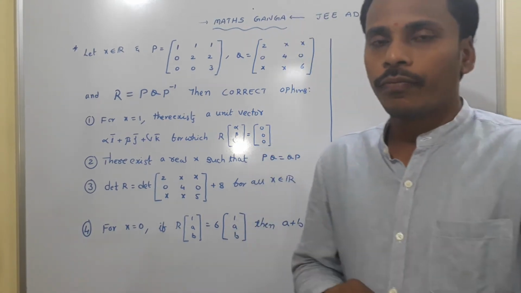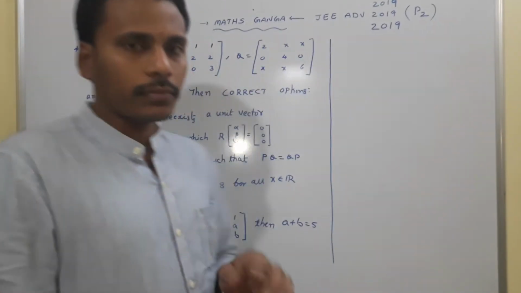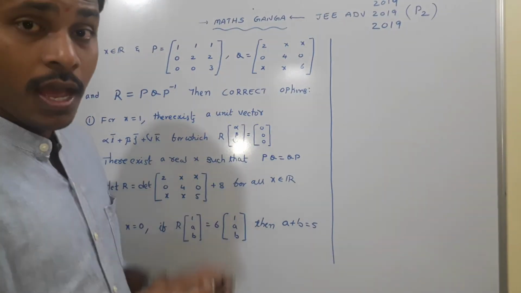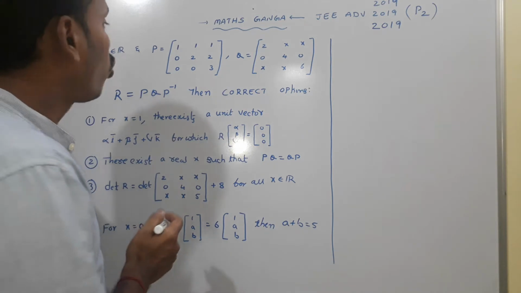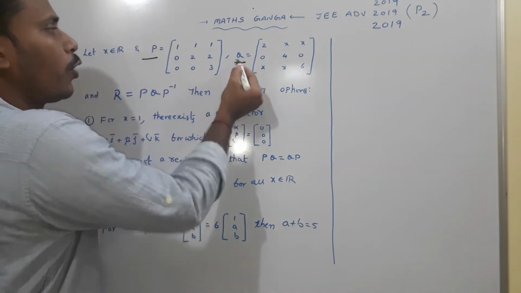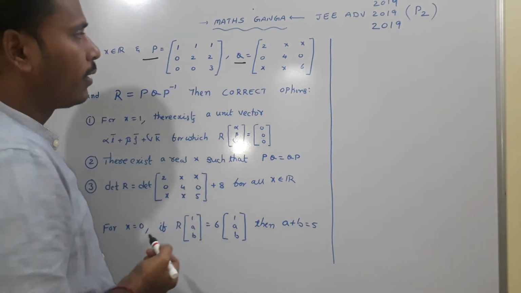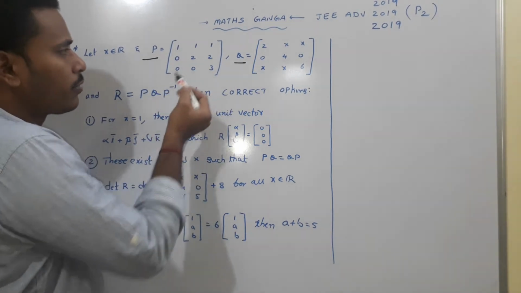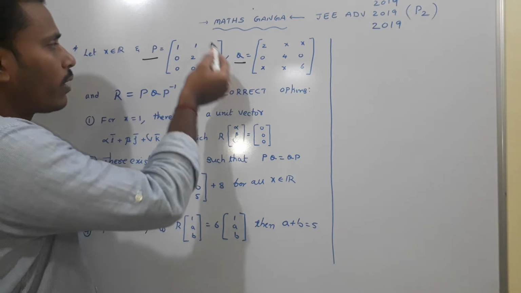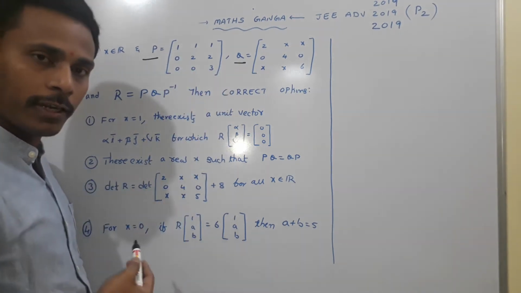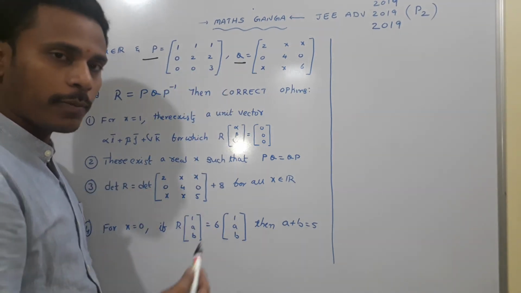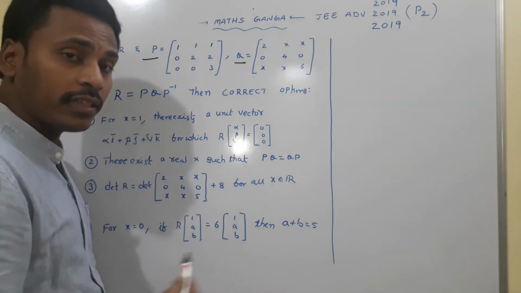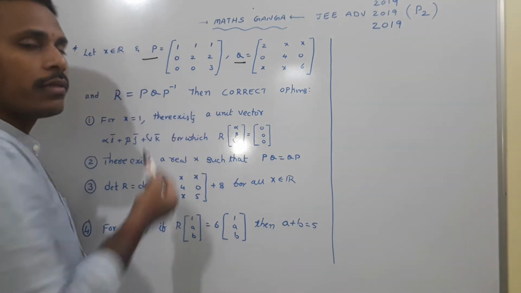First of all, let us go through the question. Two matrices P and Q are given, and since the matrix P is a triangular matrix, these three terms are zeros. So this is somewhat comfortable in calculating the determinant, the products, as well as the inverse, because some of the elements are zeros.